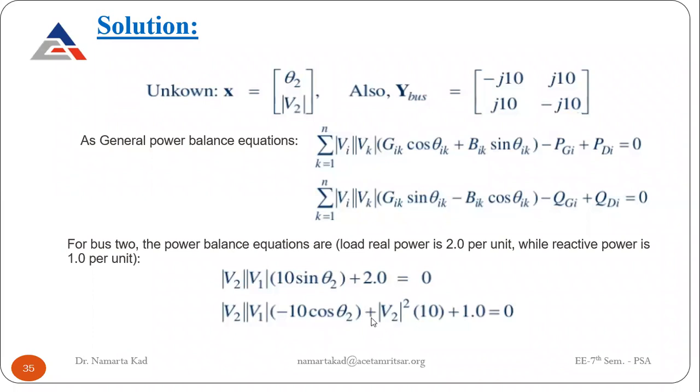Plus here you have to write down for V2 squared also, when i and k are equal. So it comes out to be V2 squared into 10 plus 1. The 1 is for this one, reactive 1 per unit, and this is equal to 0.